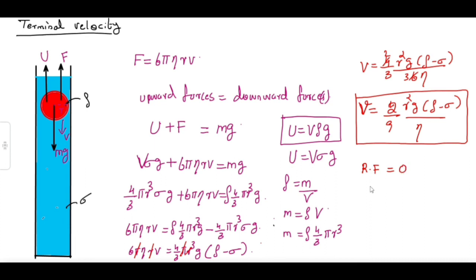When the resultant force is equal to 0, what is the acceleration of the body? Acceleration is equal to 0. When the acceleration is 0, what is the velocity? The velocity becomes constant, and this constant velocity is called terminal velocity. I hope you understood this one.